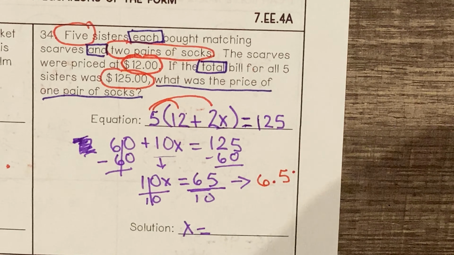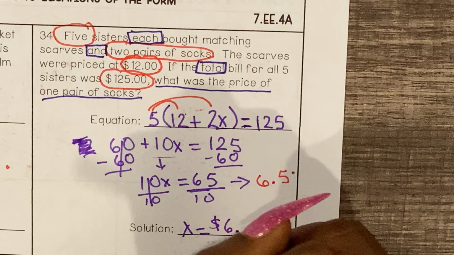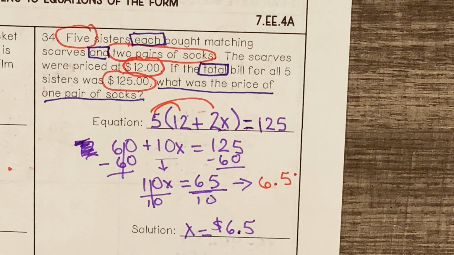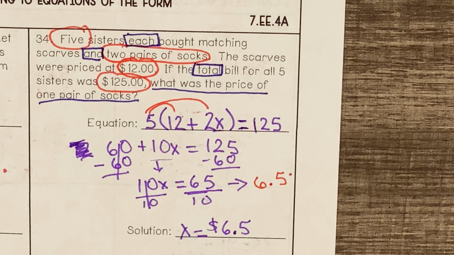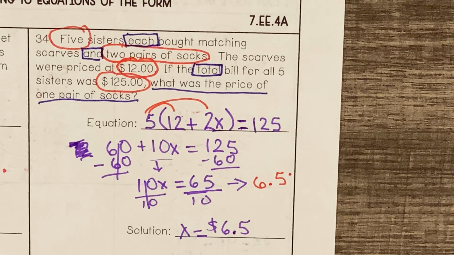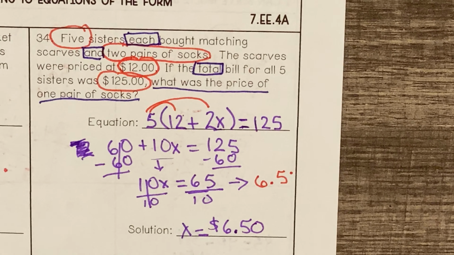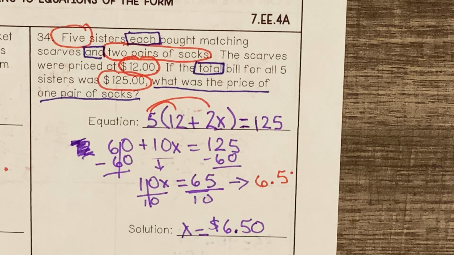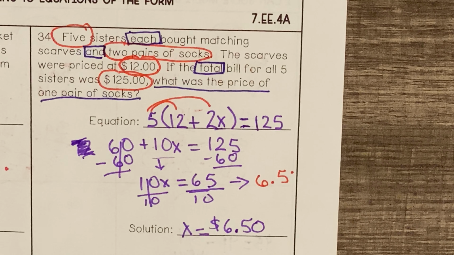So because we are talking about money, we can't just say 6.5, because when you go to the store and your bill is more than $6, they don't say $6.5, please. They'll say $6.50 or $6.28. So we need to add a zero because we're talking about money. And money, when you're using your coins, you have to have two place values.